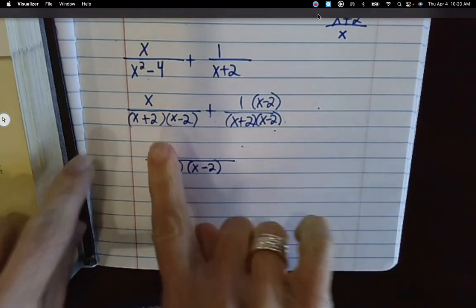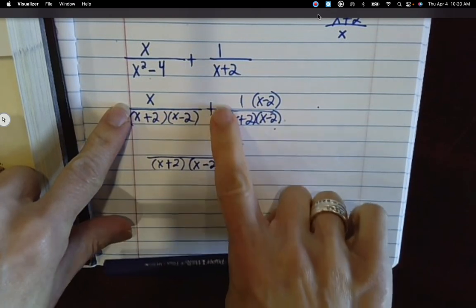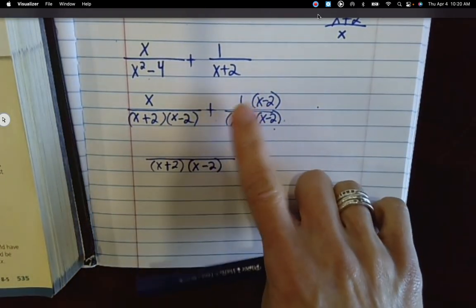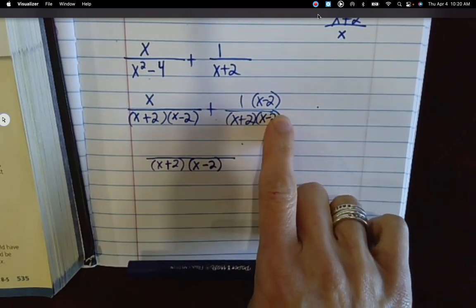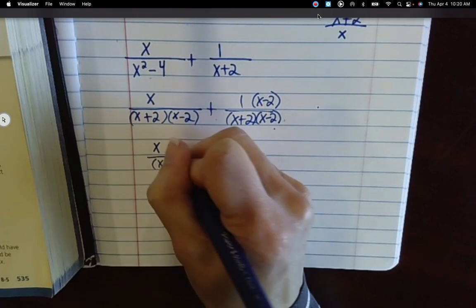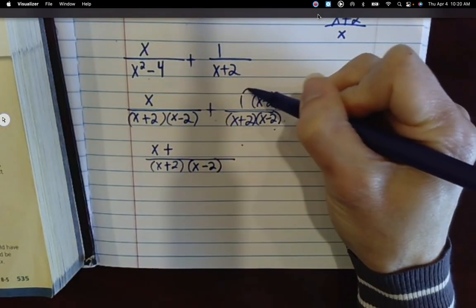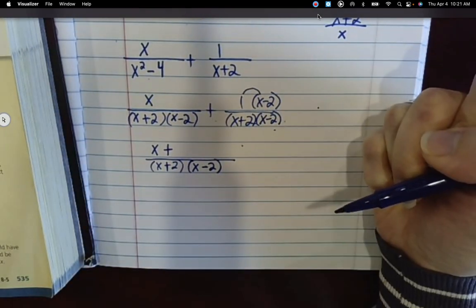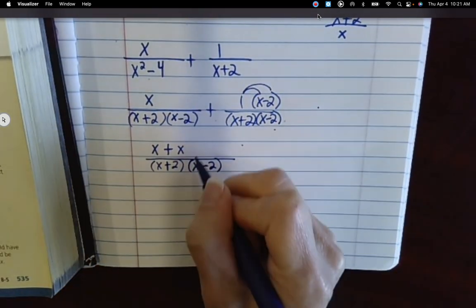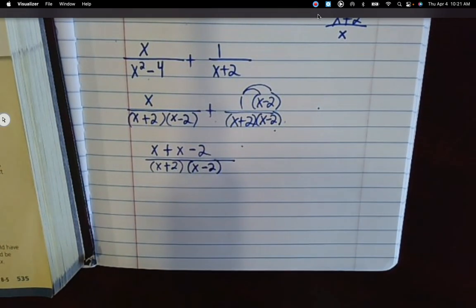Now, I want to combine my whole numerator, but first I need to make sure I don't need to distribute anything, which this one's pretty basic. It's just 1 times all that. So I'll bring down my x and I'll bring down my plus sign. And then what's 1 times x? 1x, there we go. And then what's 1 times the negative 2? Negative 2.